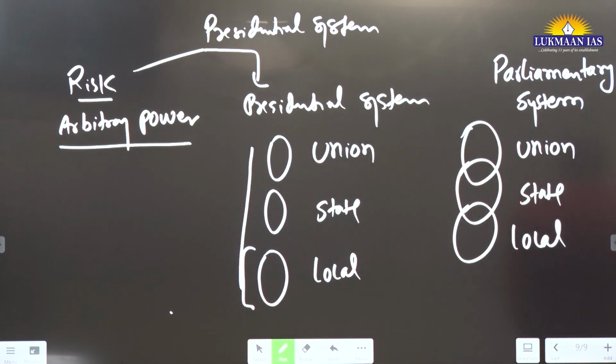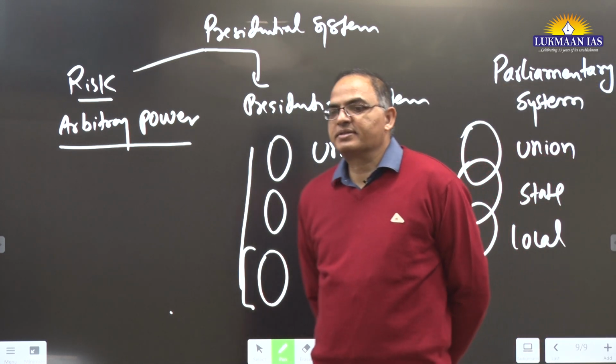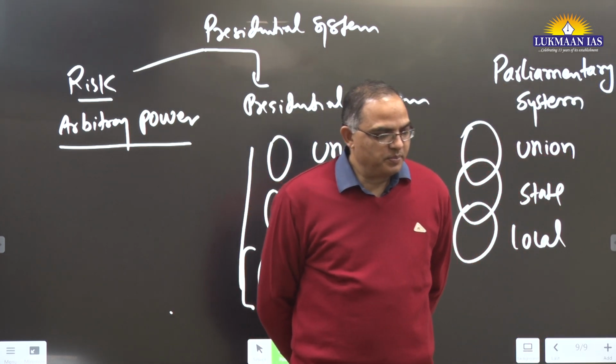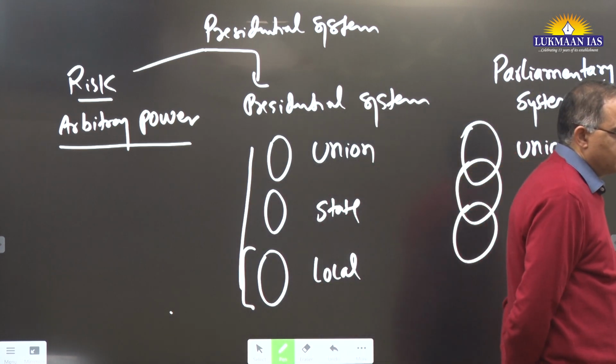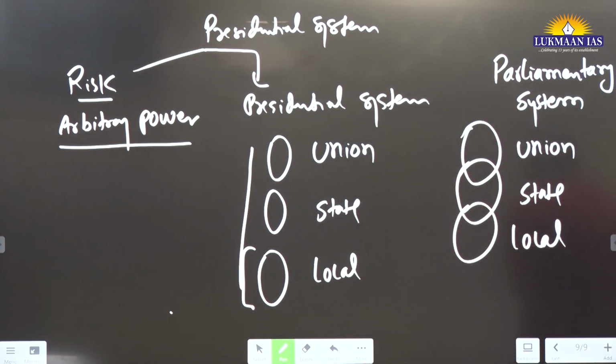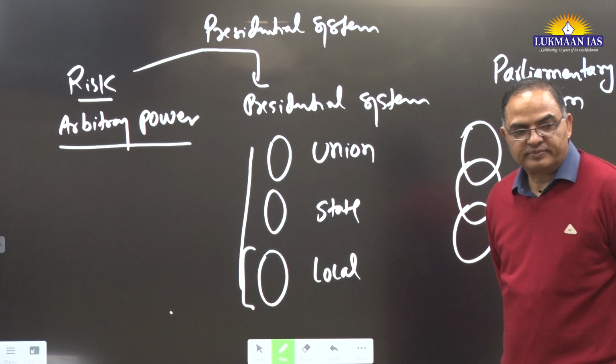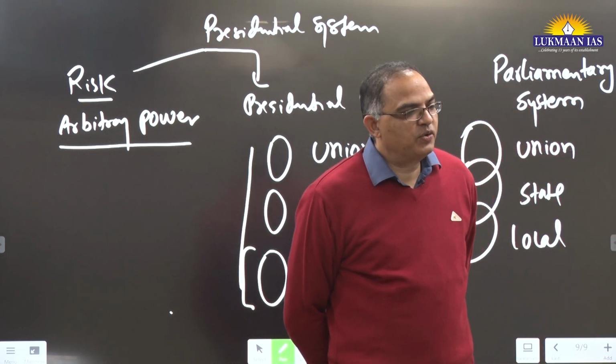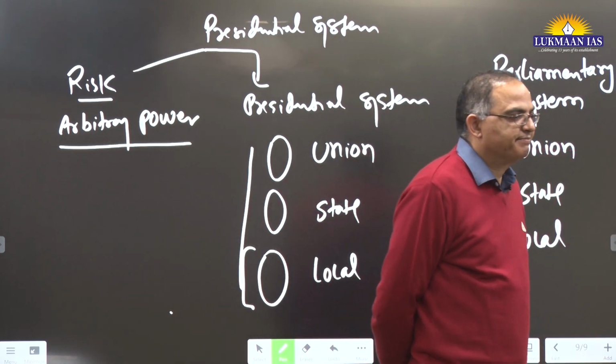Next, all the three units, federal, provinces, and local governments, have their own autonomous space.